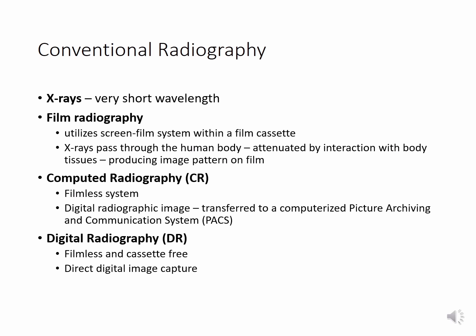Instead, it provides digital radiographic images which can be directly transferred to a computerized picture archiving and communication system or PACS. So the PACS stores and transmits digital images via computer networks to give the physicians and healthcare providers in many locations simultaneous instant access to the diagnostic images.